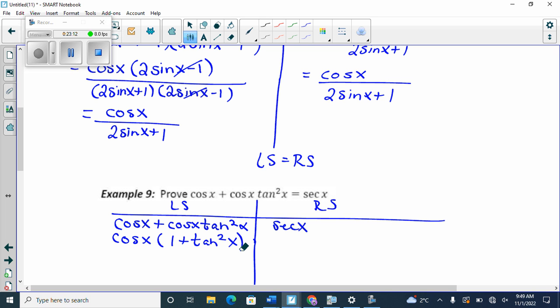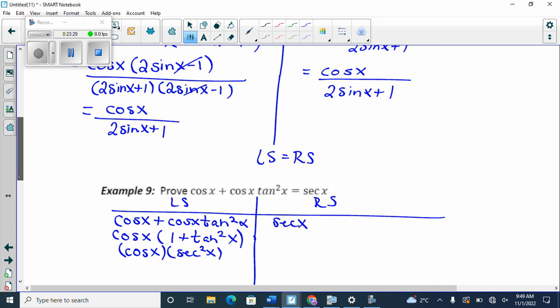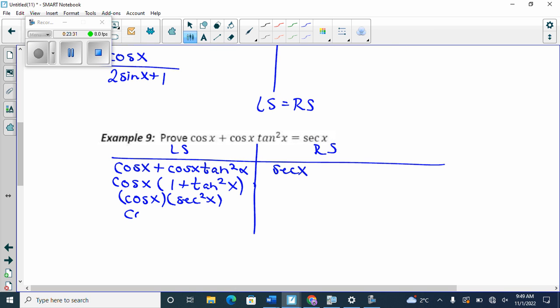So you have to remember that it's on the formula sheet. If not, you might change tan squared x to sine squared x over cos squared x and make common denominators, a whole bunch of work. But if you know 1 plus tan squared x is just secant squared x, I can turn secant squared x into 1 over cos squared x.